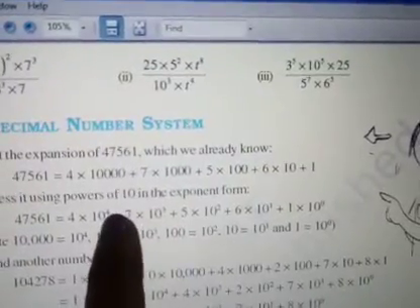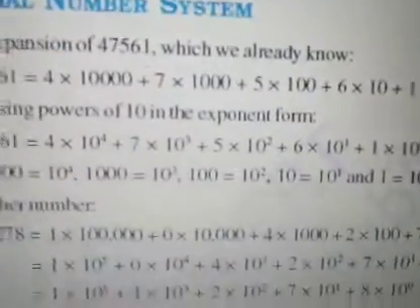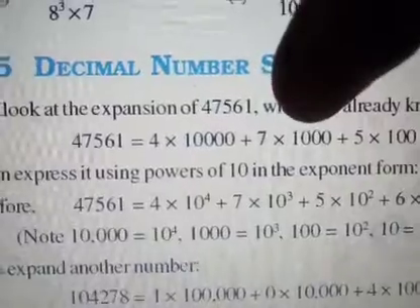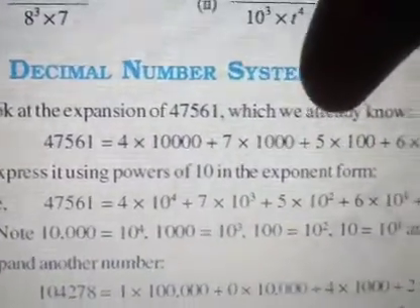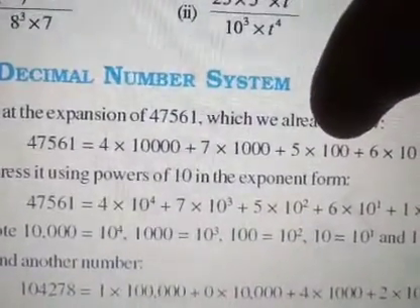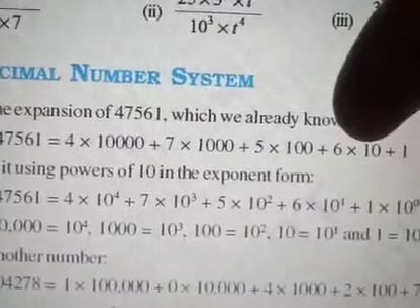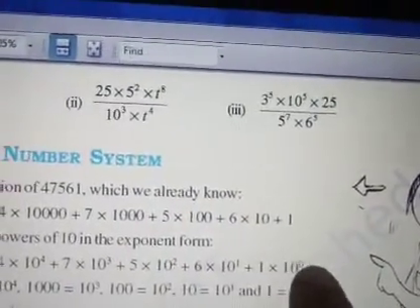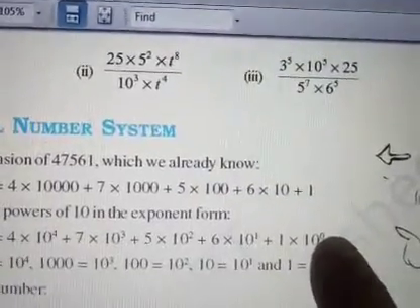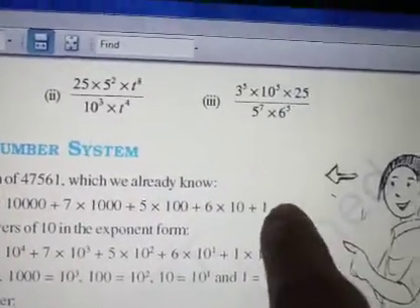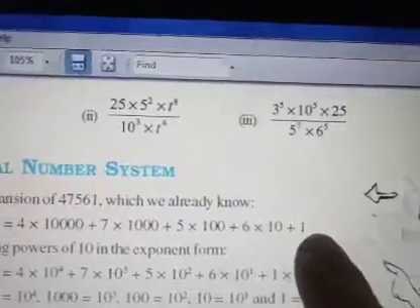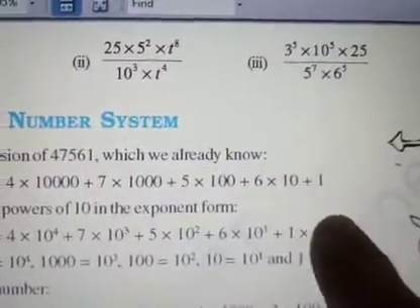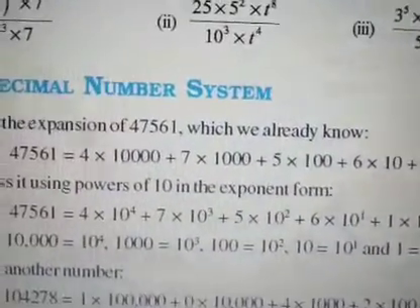So 10 power 4 plus 7 into 10 power 3 plus 5 into 10 square plus 6 into 10 power 1. Next, 1 into 10 power 0. Why 10 power 0? Because no number is there. So 1 into 1 only you write. Instead of 1 I am writing 1 into 10 power 0.